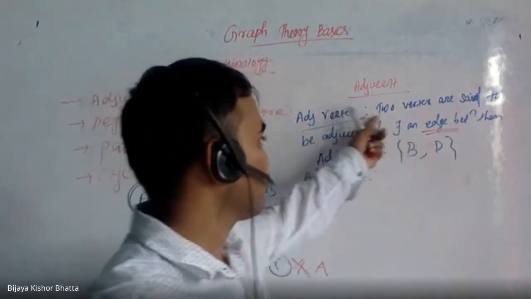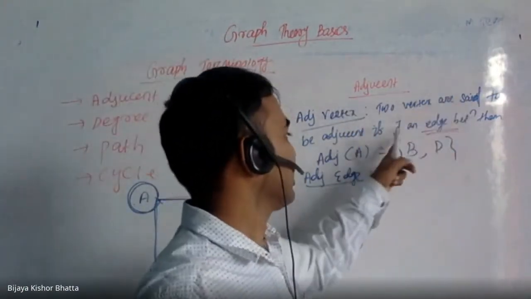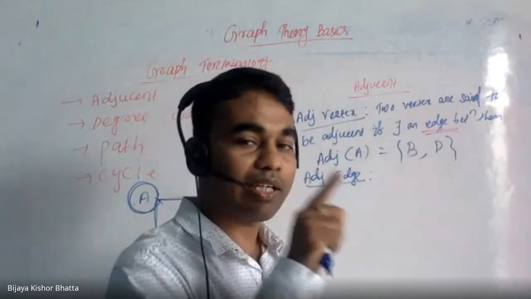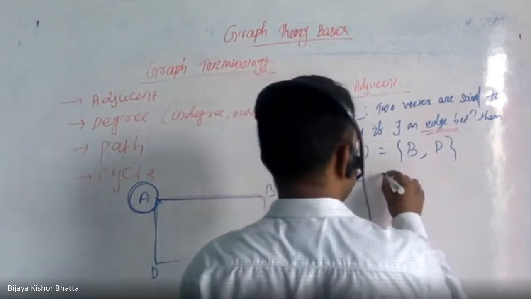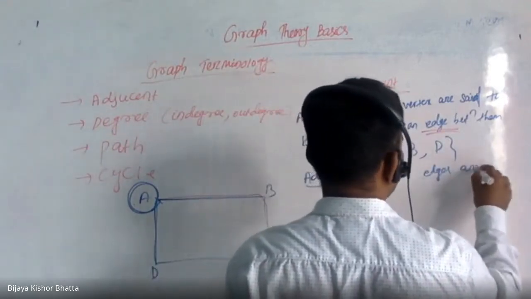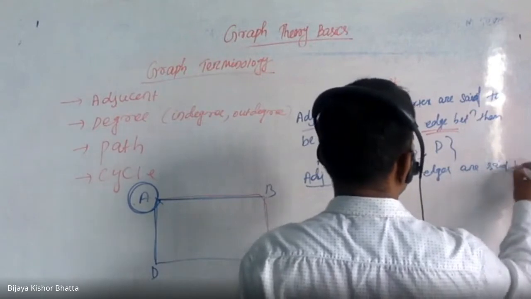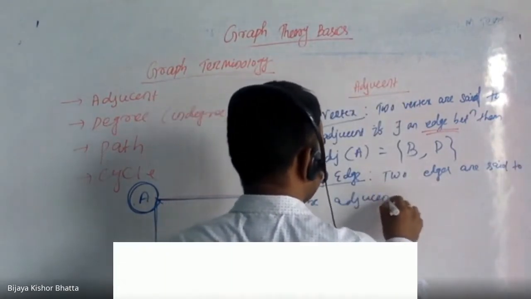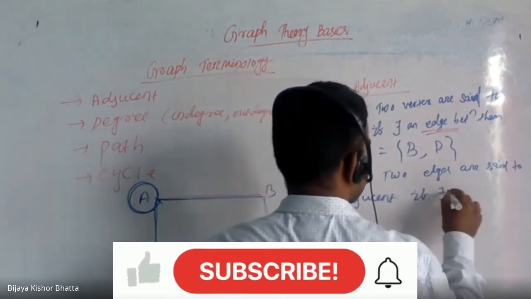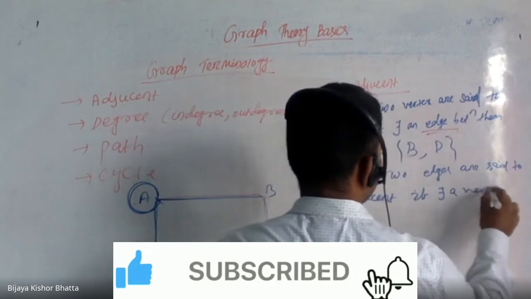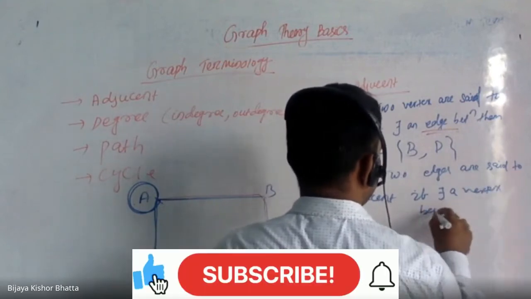Here, two vertices are there and there exists an edge between them. Here there are two edges and there exists a common vertex. Two edges are said to be adjacent if there exists a common vertex between them.